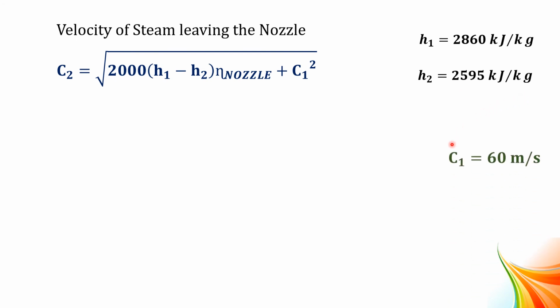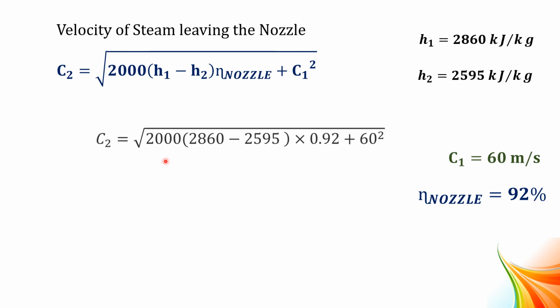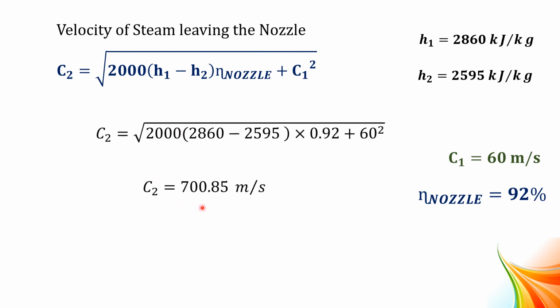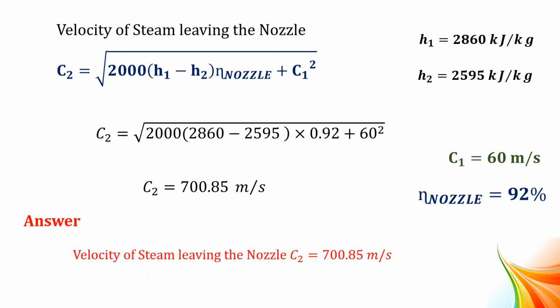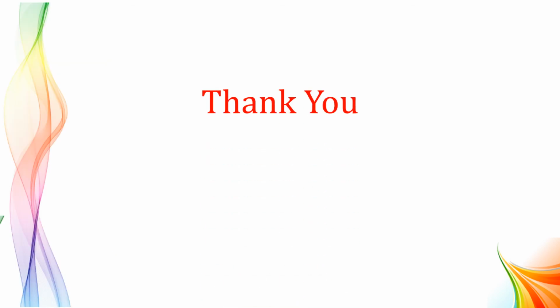The value of C1 is given in the problem, initial velocity C1 equal to 60 meters per second, and the nozzle efficiency is also given, which is equal to 92%. Now substituting all the four values in the velocity equation, we get C2 equal to 700.85 meters per second. So our answer is velocity of steam leaving the nozzle, C2 equal to 700.85 meters per second. Thank you.